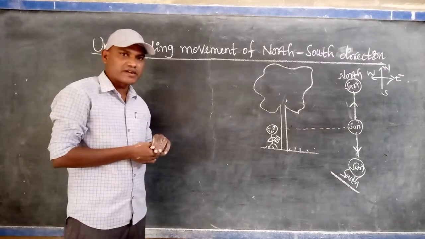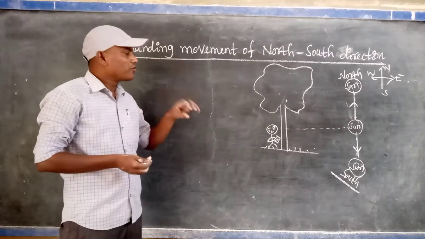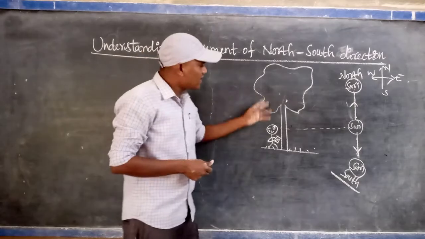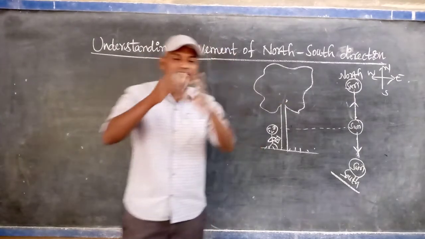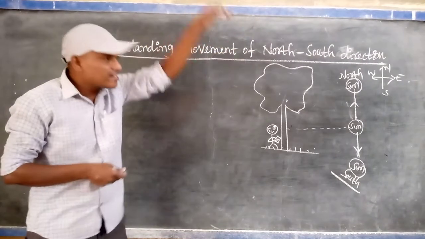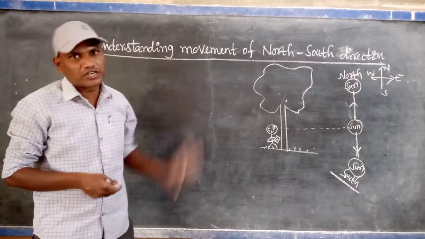When you are doing this experiment every day in the morning before the sunrise, you can go to your selected reference point. A tree or an electrical pole we can call a reference point, because the tree's position does not change, the electrical pole's position does not change, because of their fixed position.